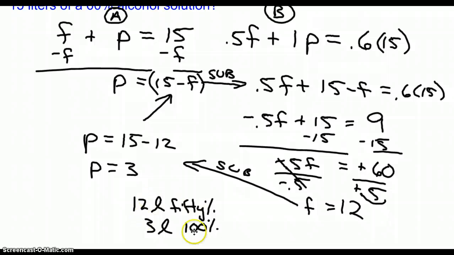So always check for reasonableness at the end of your problem, and that common sense can get you through too. And keep in mind, these linear systems solved by substitution can not only be done pretty easily by substituting, but also can be tons of fun. So have fun doing your assignment.